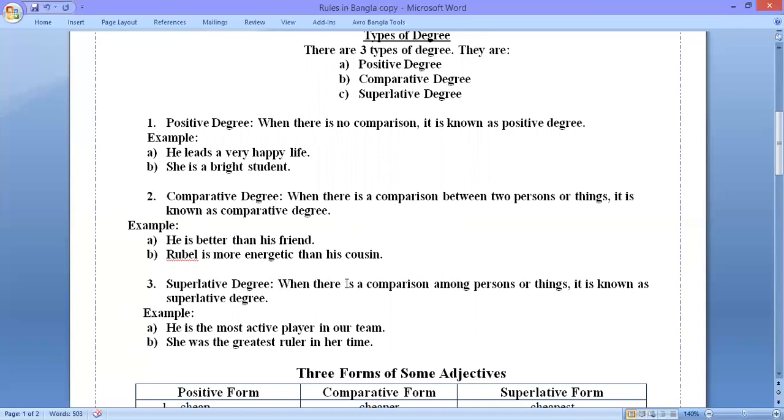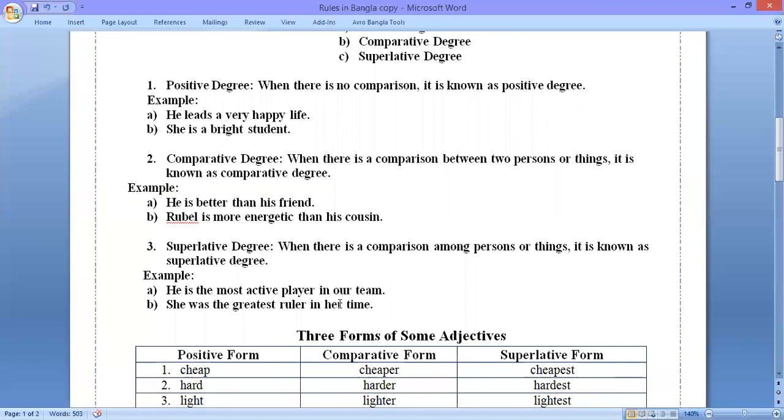Okay, now I would like to define superlative degree. The definition of superlative degree is when there is a comparison among persons or things, it is known as superlative degree. I am repeating, when there is a comparison among persons or things, it is known as superlative degree.